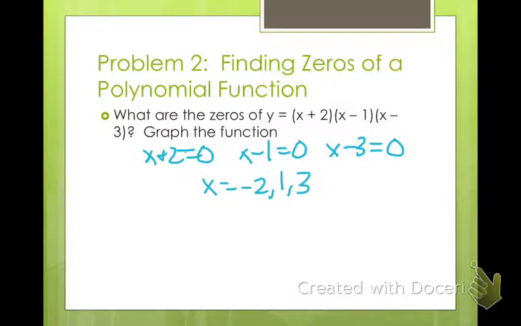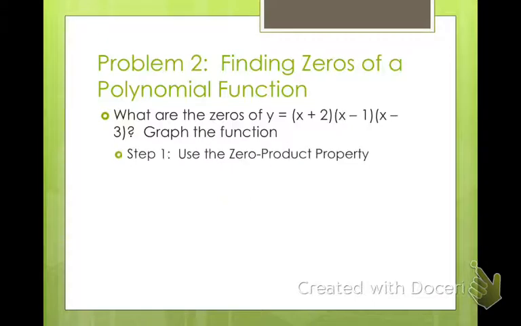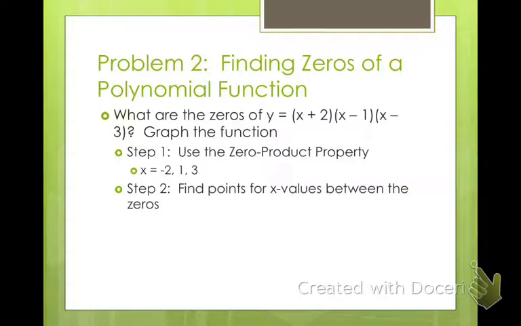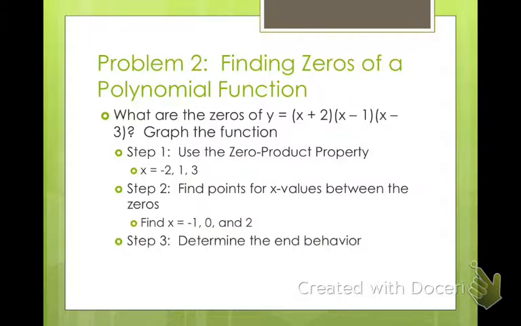So those are my three solutions. Then we can find points for x values that are between the zeros. Between negative 2 and 1, we have negative 1 and 0, and between 1 and 3, we have 2. So we want to find those values for our polynomial, plug them in, and then determine the end behavior.